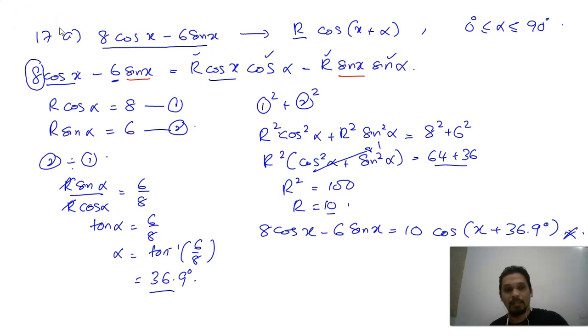Next question, 18a. Previous question is now 17a, 10 cos x plus 36.9.